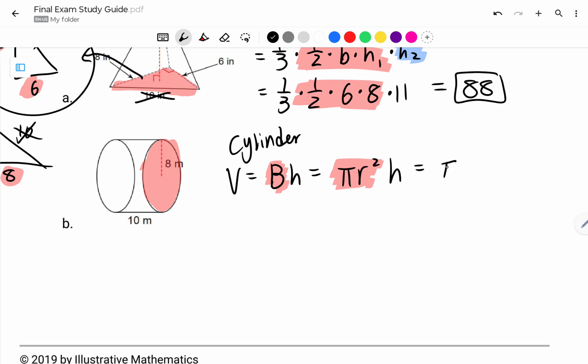The radius is 8. Height is 10. I'm going to plug this in a calculator. Pi times 8 times 8 times 10. It's going to be 2010.6.